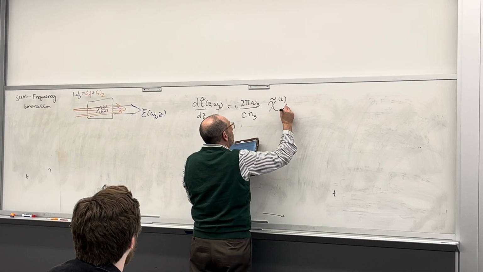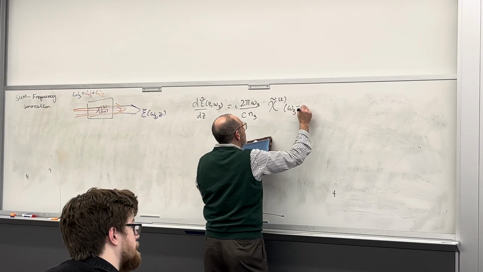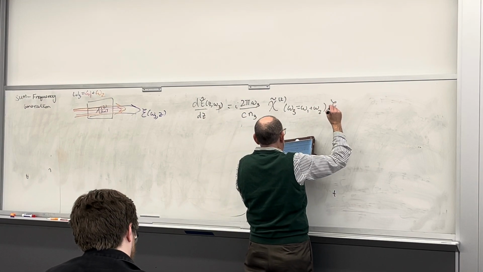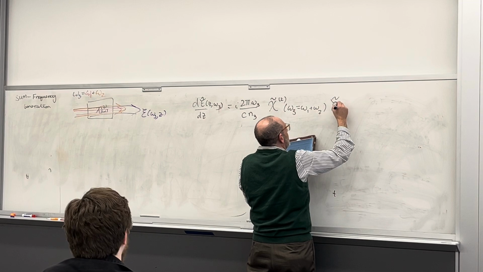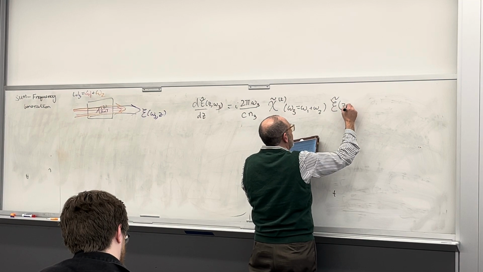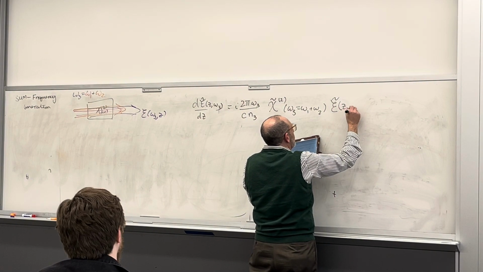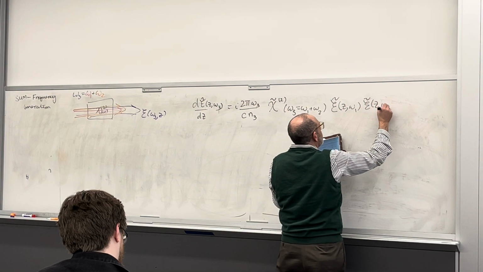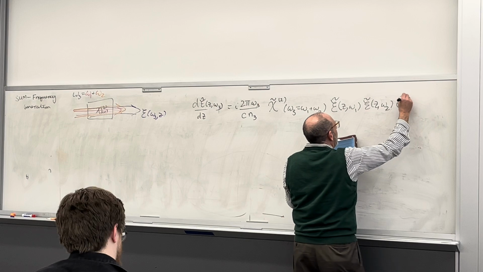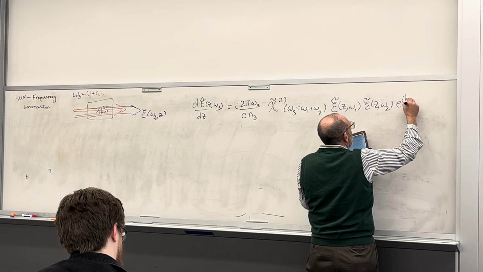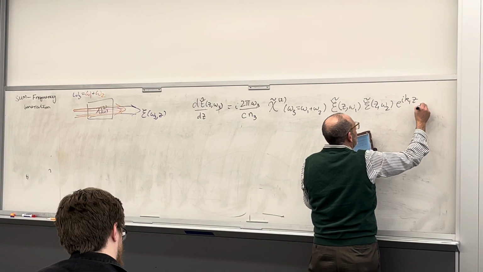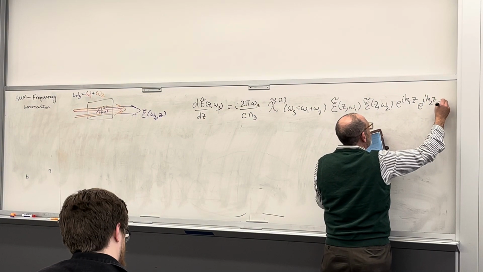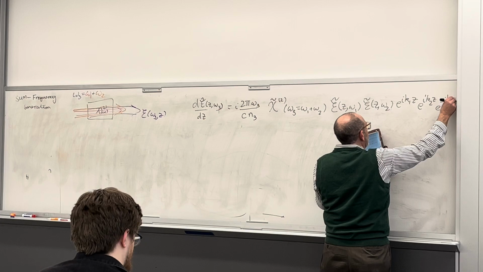Chi2 at omega 3, which is the sum of omega 1 and omega 2. And then I'm going to get an E(z) at omega 1 and omega 2, e to the i k1 z, e to the i k2 z, e to the minus i k3 z.